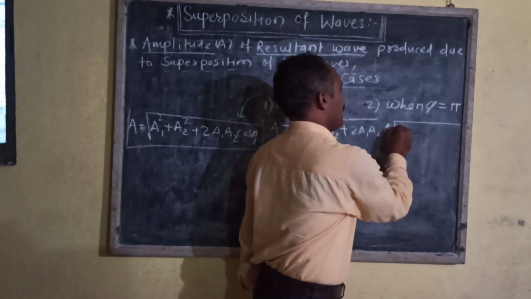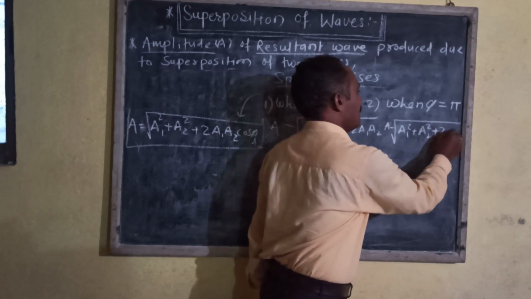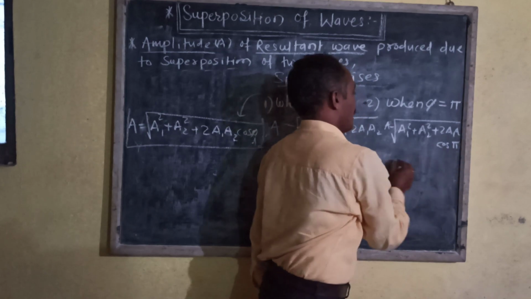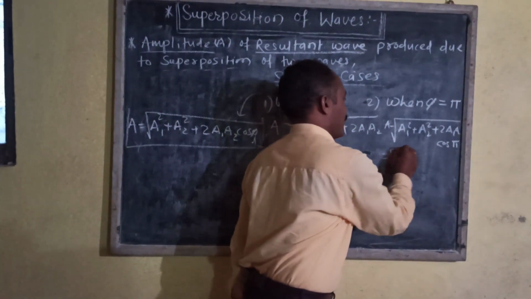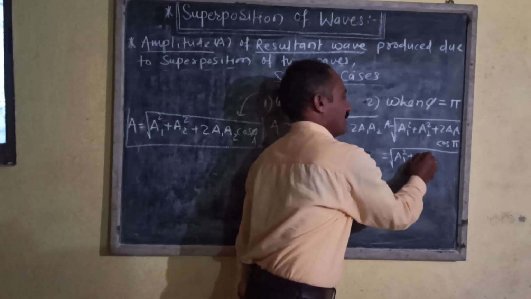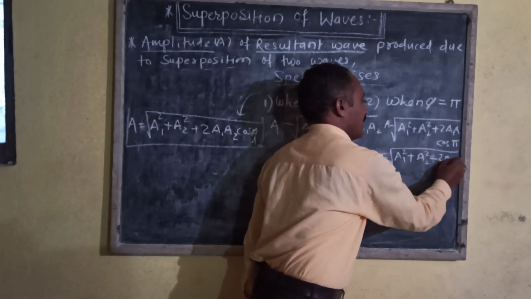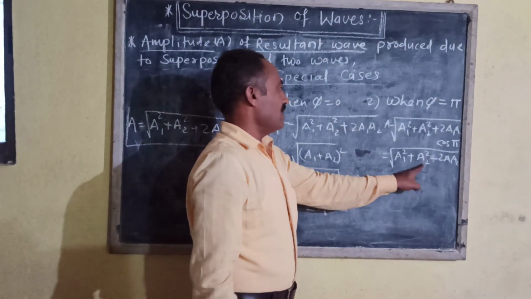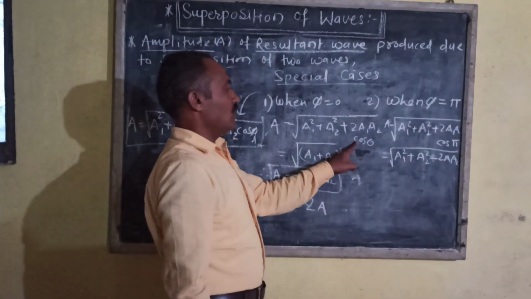Here cos pi is equal to minus 1, whereas cos 0 is equal to 1.